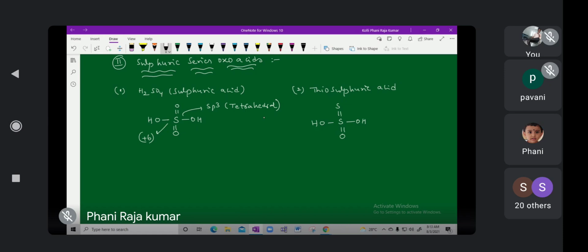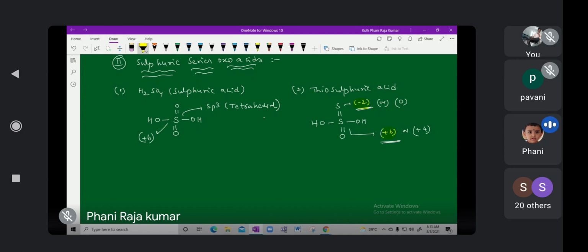In this is sulfur -2, this is sulfur +6. Or we can write 0 also here, terminal sulfur. If you put 0, then central sulfur +4 oxidation state. But out of these two, please highlight first pair -2 and +6.